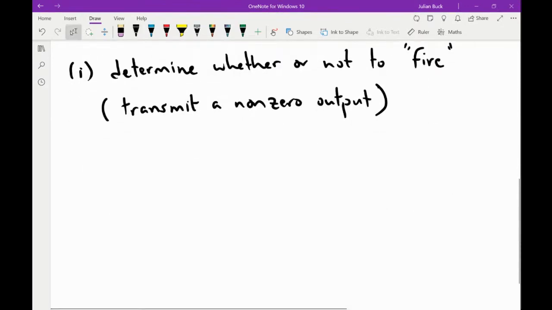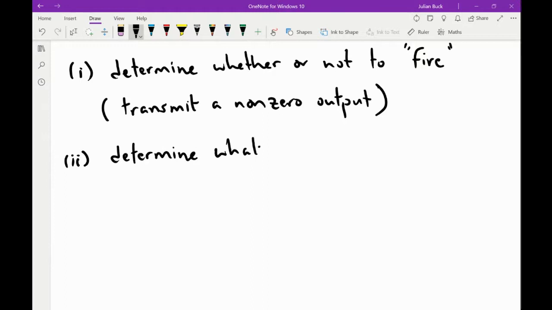Yeah, that's the idea. And then the second aspect is, if we are going to transmit a signal, determine what signal intensity to transmit.